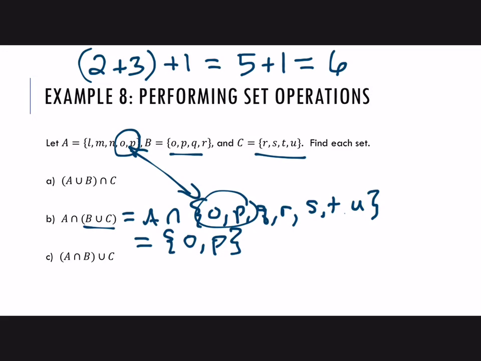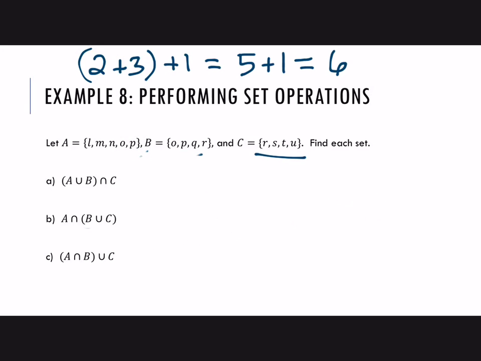And then the last example, A intersected with B, union C. So start in parentheses. A intersected with B. What do those have in common?